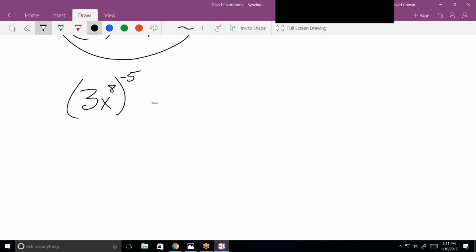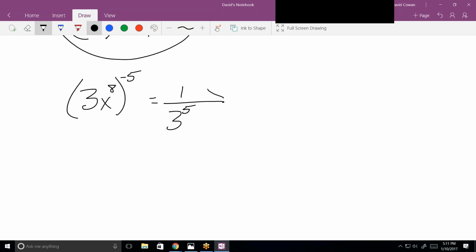So, first thing I'm going to do is apply the negative 5 to the 3. So that becomes that. And then what about the x to the 8? What happens to that immediately? Doesn't it get multiplied? Correct? So do it. What is the answer? It would be negative 40.